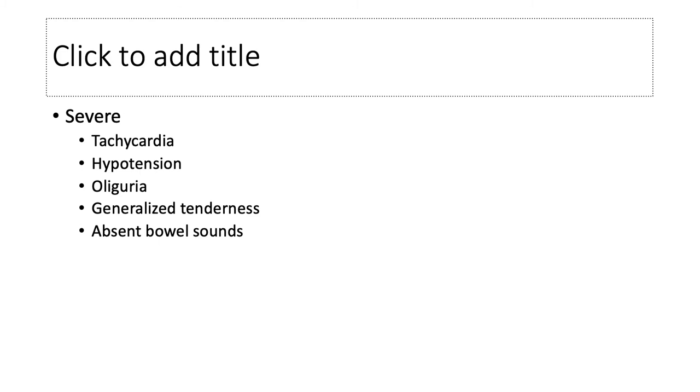Autonomic dysfunction means that the patient is going to present with tachycardia, hypotension, oliguria, because usually it leads to renal dysfunction as well. Okay, and generalized tenderness, along with absent bowel sounds, which goes with ileus. Okay? Do you know what ileus is? Did you take it or not yet?